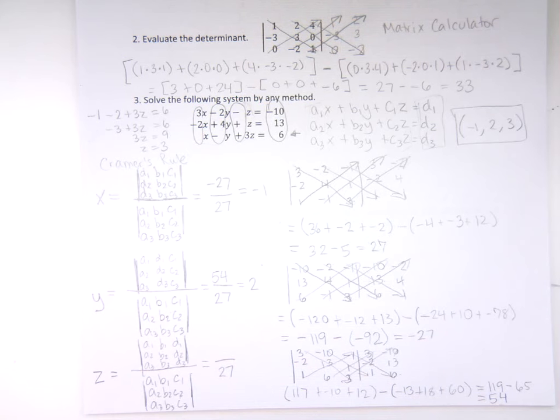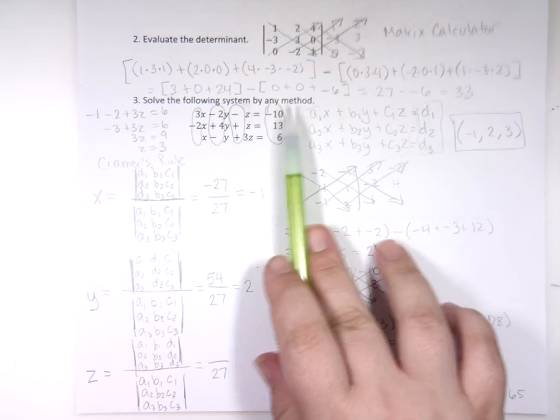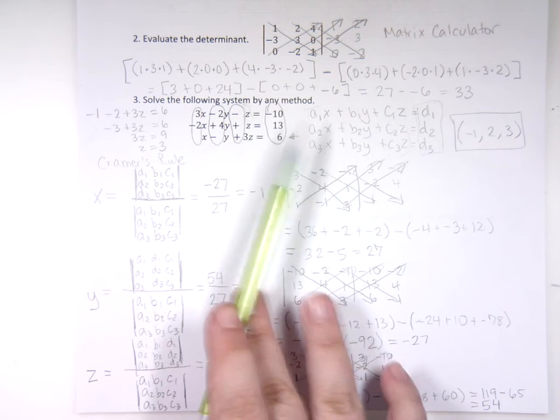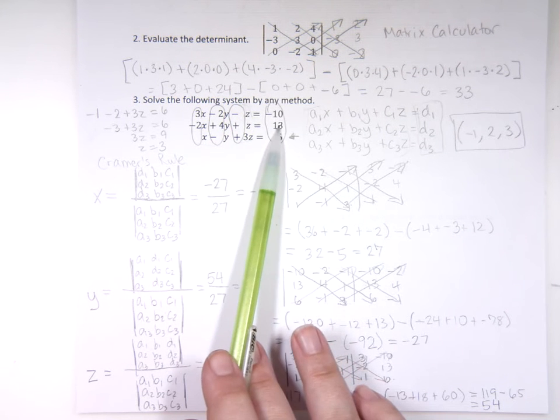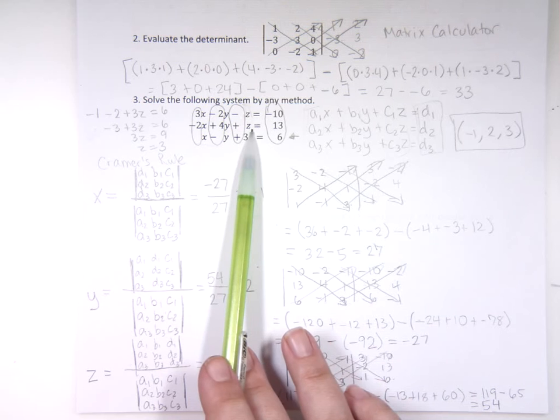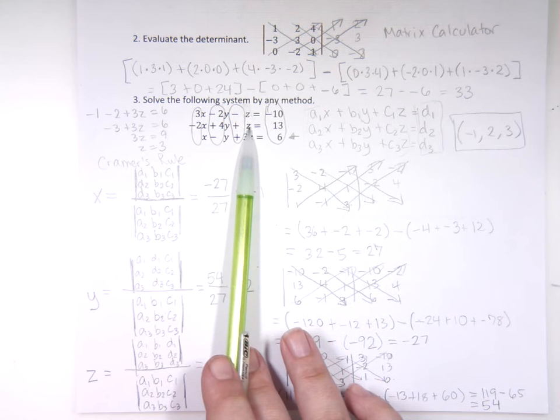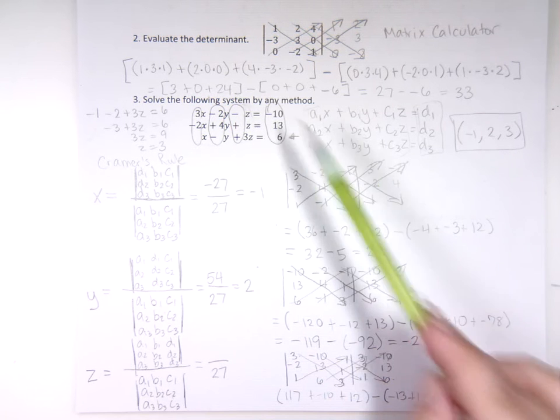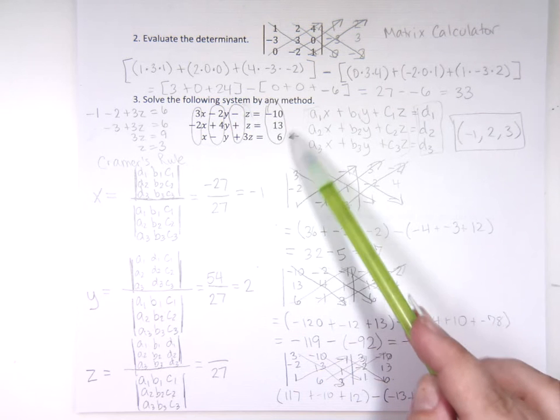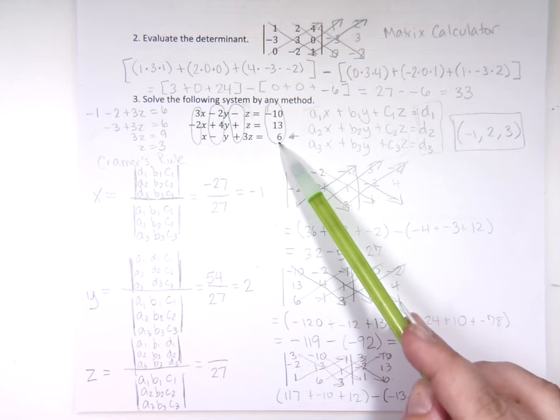Again, if you want to go back, you can also solve this by elimination. Again, you would pick two equations, and let's say we want to knock out z from those two equations, right? That's nice because we can just add them together and z will cancel. Then we pick two other equations, the first one and the third one maybe, or the second one and the third one, and we eliminate z again.